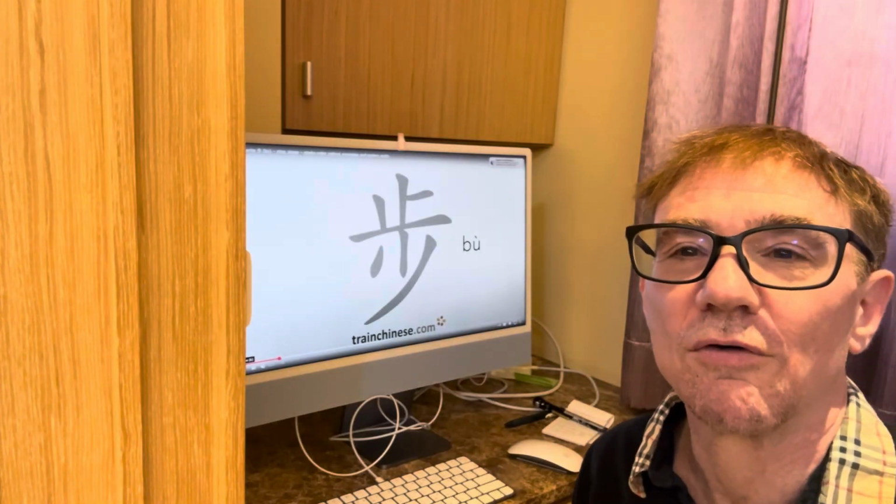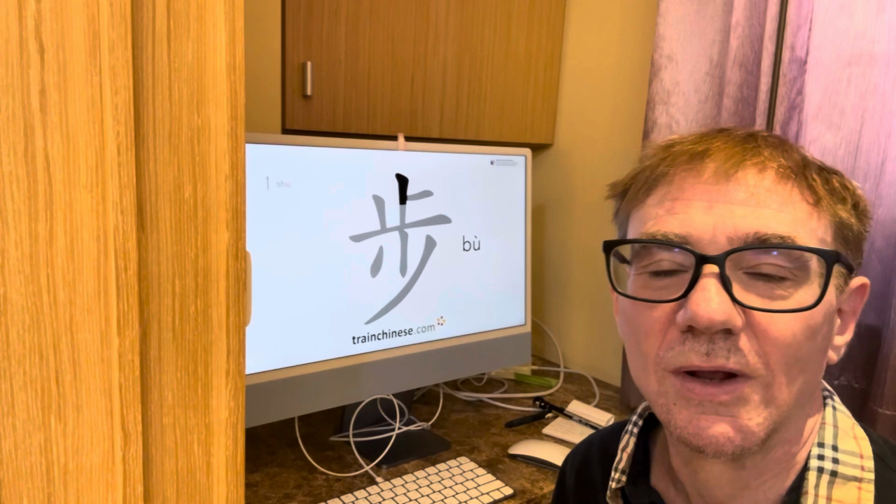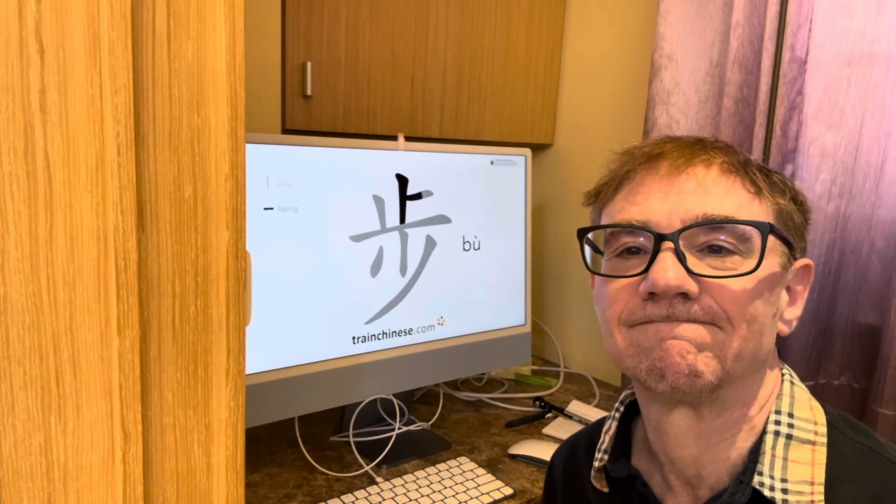What a character. There's one character that we left off last time that is pronounced bing. Bing takes on the meaning of close to or near in a physical or an abstract sense. There's a water radical, a step component, stroke order for bu, fourth tone, meaning step.